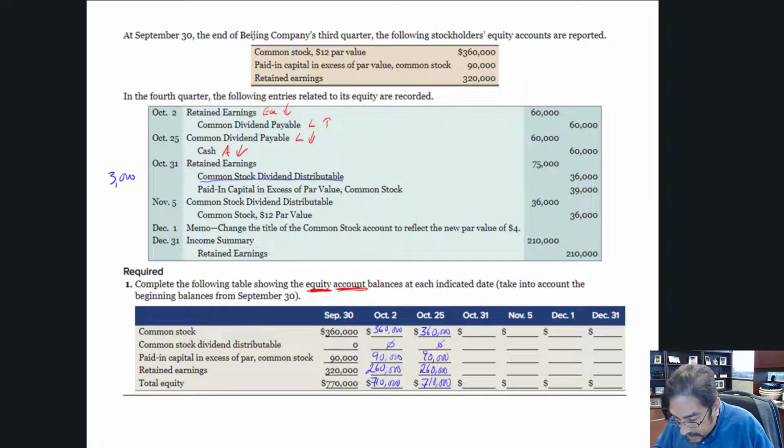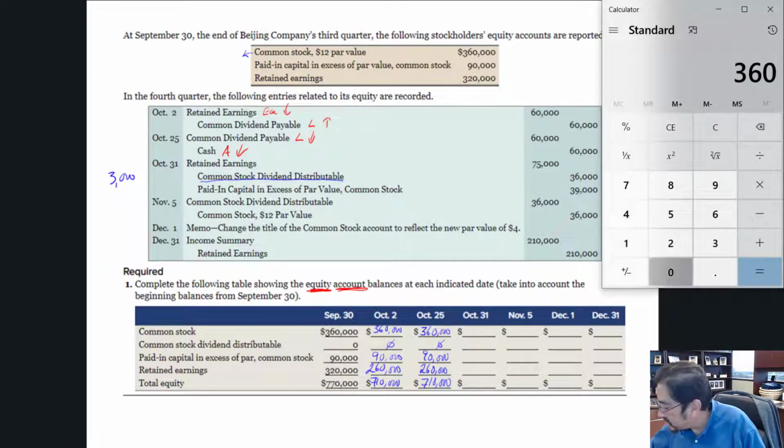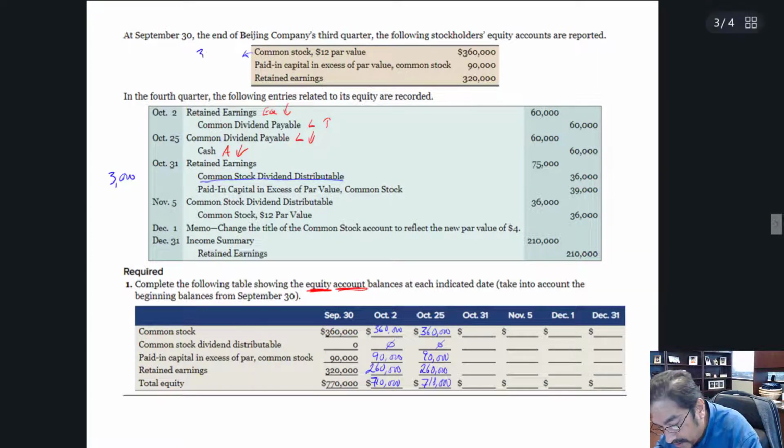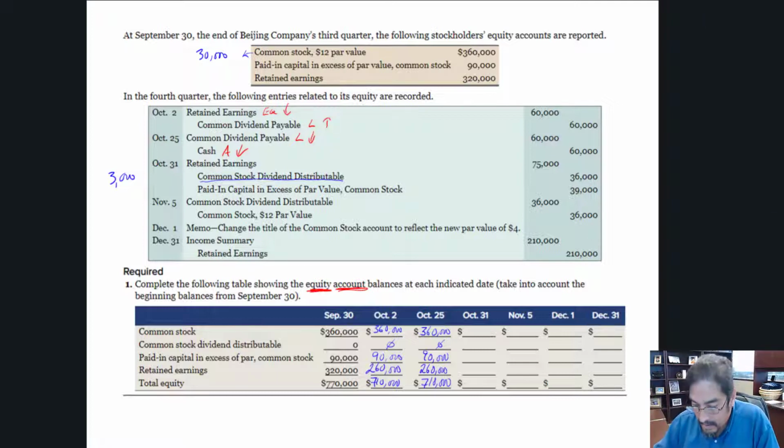And up here at the top, we can see that there's $360,000 in the common stock right now at $12 par. So there's 30,000 shares that we have issued and outstanding right now.